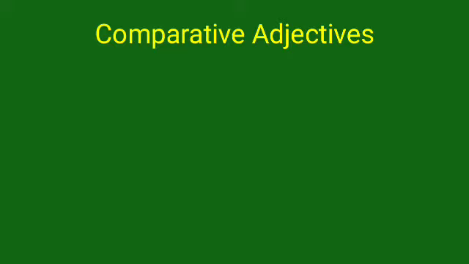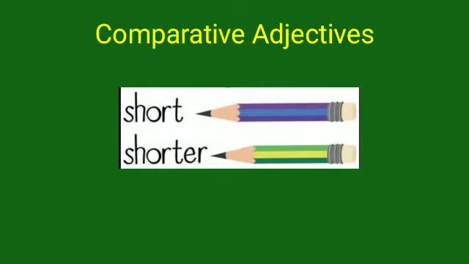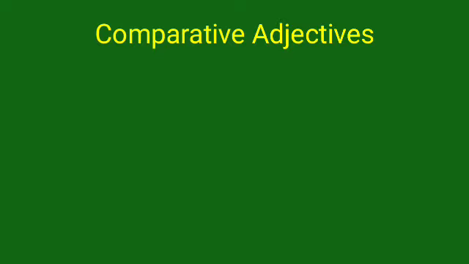Let's see another example. Now there are two pencils, right? The blue color pencil is short, and when we compare the other pencil, the green color, that is shorter, right? So comparison always happens between two things, differences, right? So the comparative adjective here is shorter. Fine.